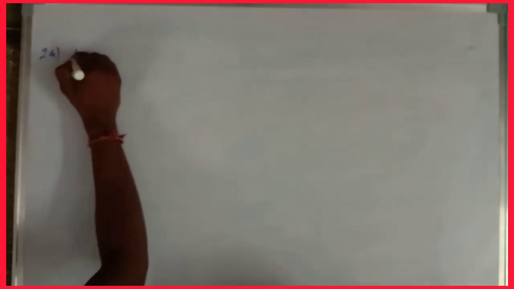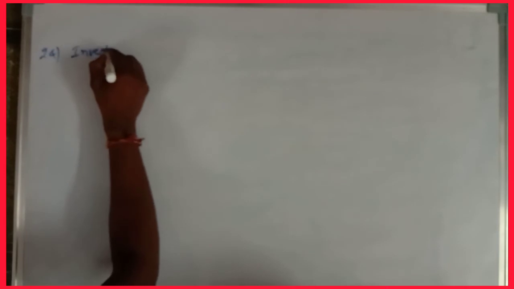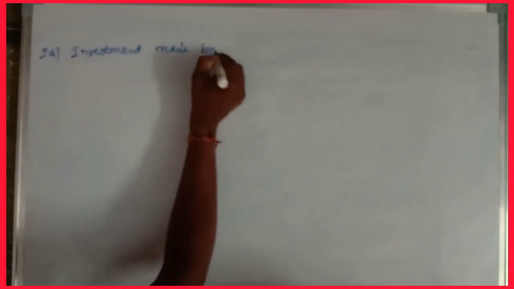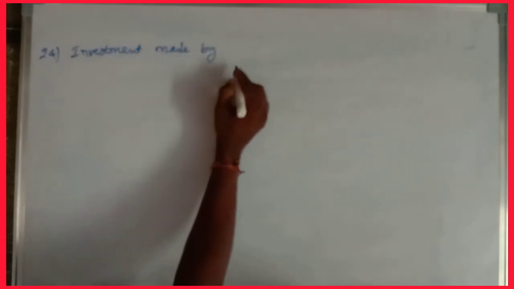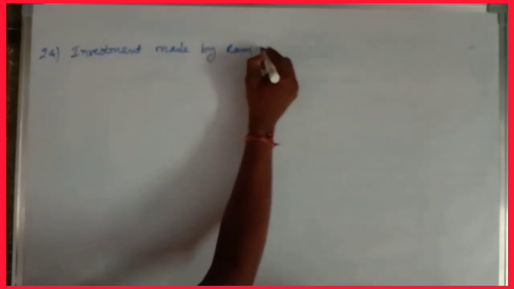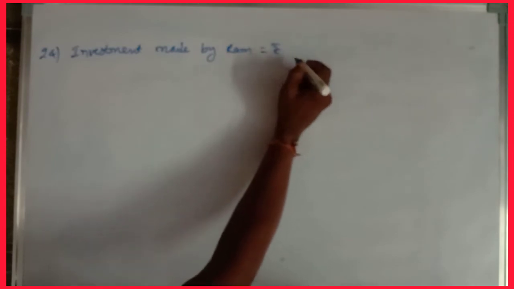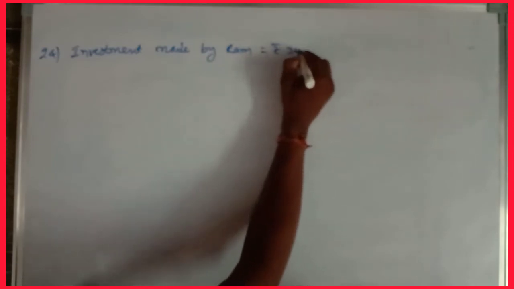Next question is, Ram and Lakshman started a business by investing 30 lakhs and 48 lakhs respectively. Then find the ratio of the shares of their profits. Okay, so I have to find the ratios. So here the investment made by Ram is equal to rupees 30 lakhs.